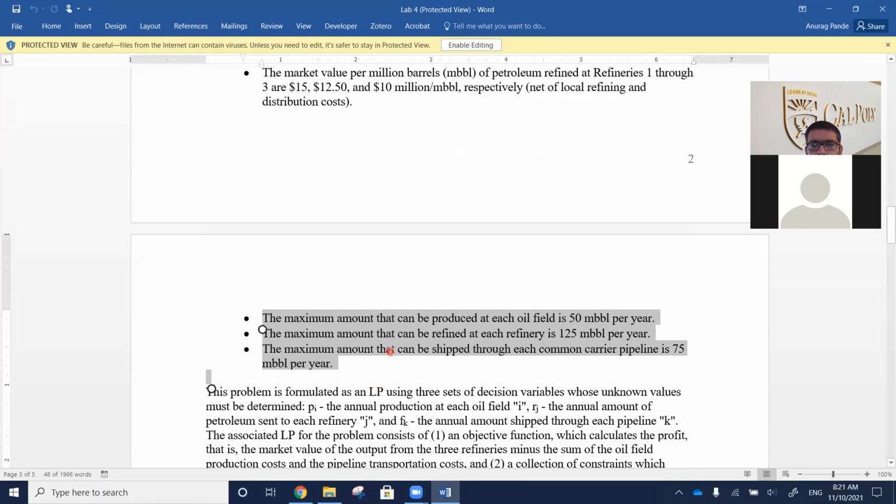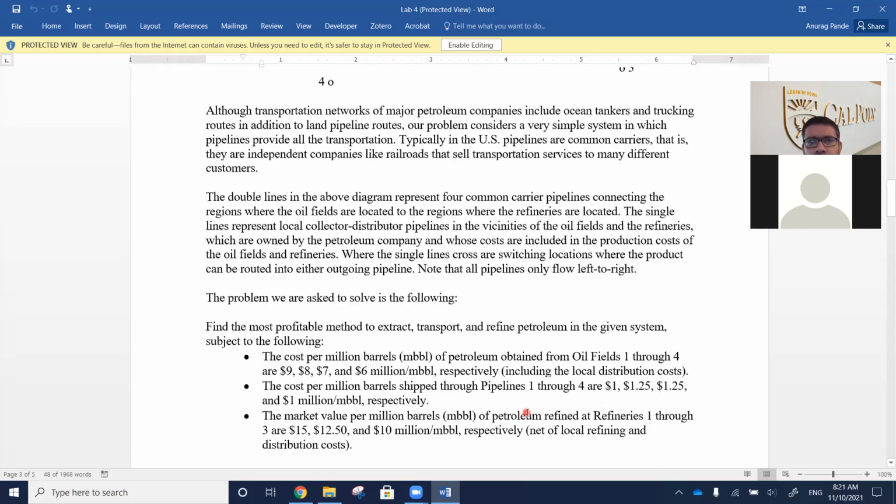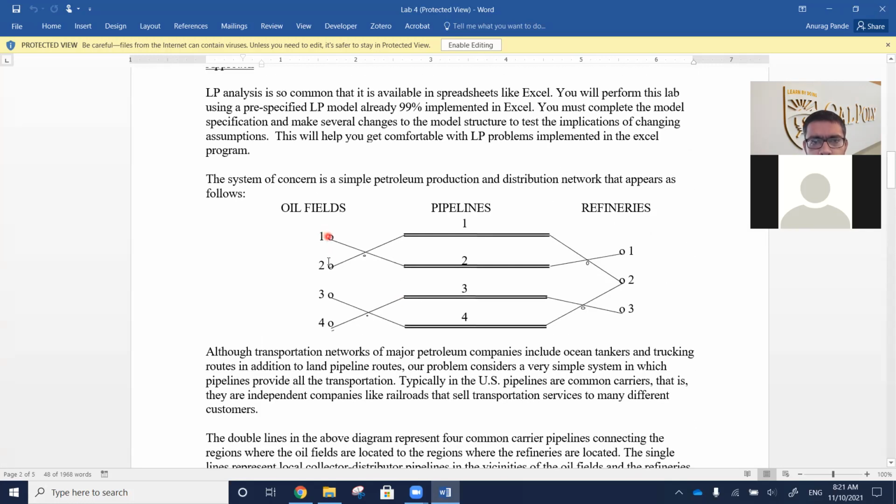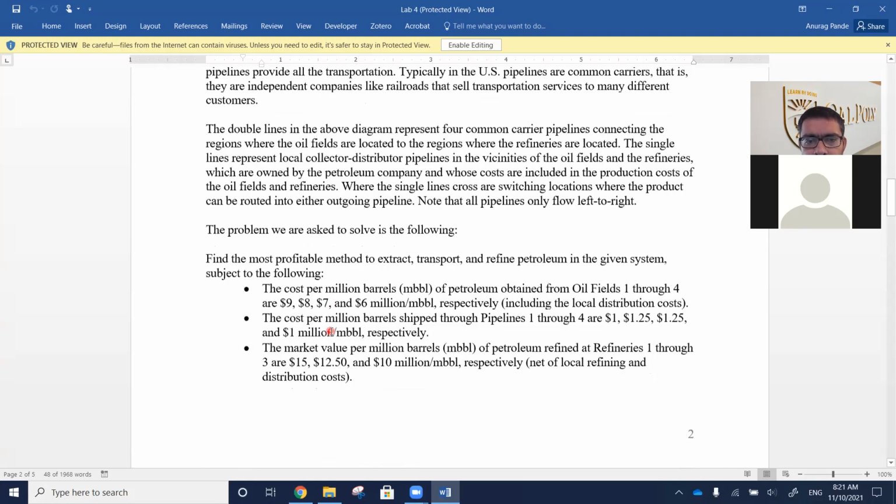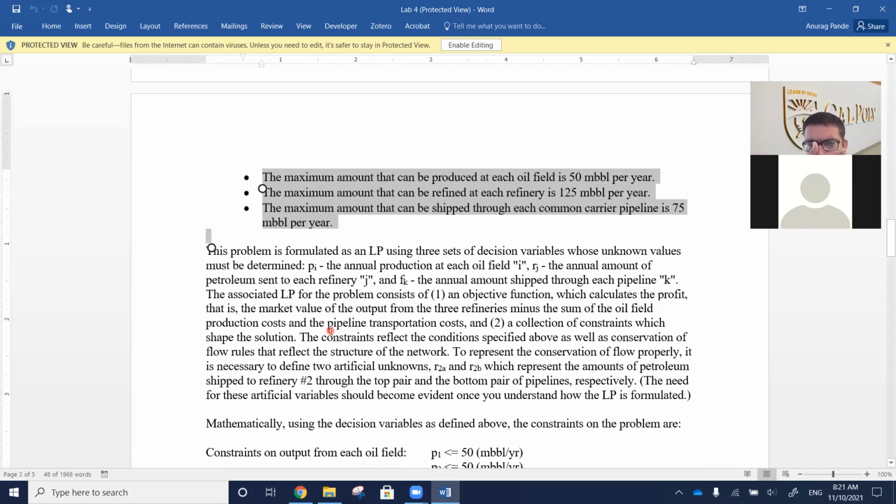Okay. So there are 3 sets of decision variables, not 3 decision variables, 3 sets. The first set is P_i, annual production at each oil field i. There are 4 oil fields, as you remember. So P1, P2, P3, and P4 are your 4 production variables.